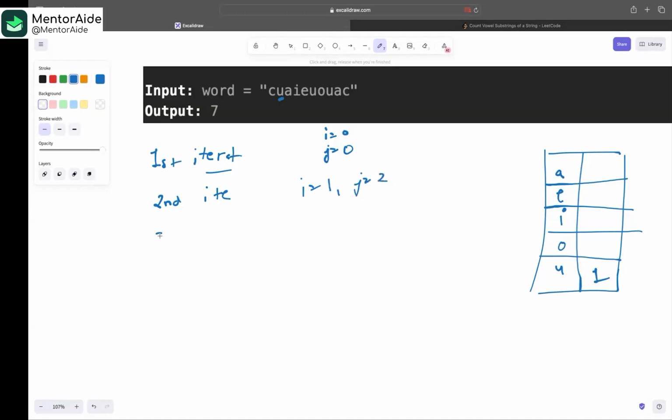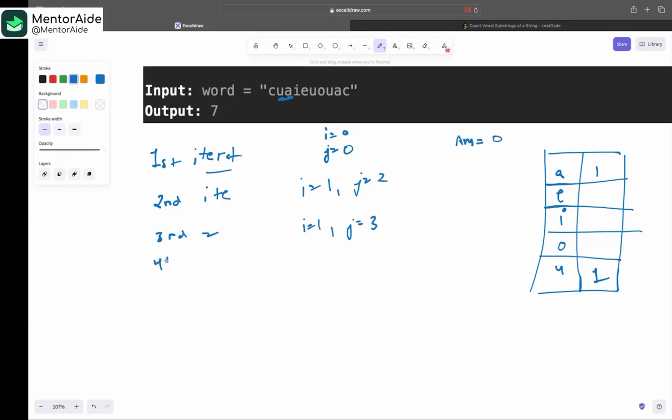The third one? A is also vowel, so we'll increment its count in hash map. And still the size of hash map is not 5, so we'll not increment answer. Let me represent ANS here, which is 0.